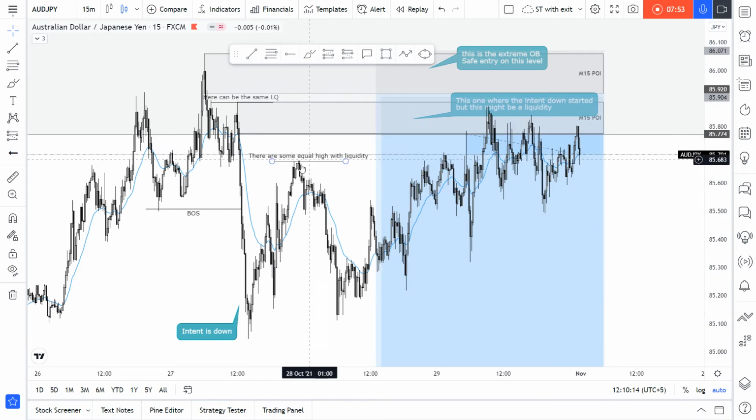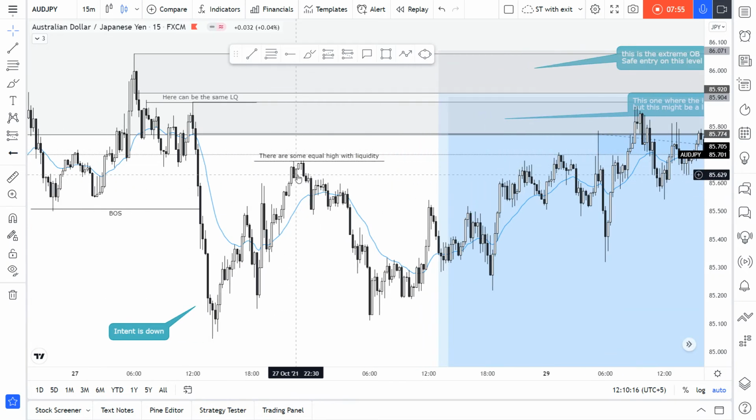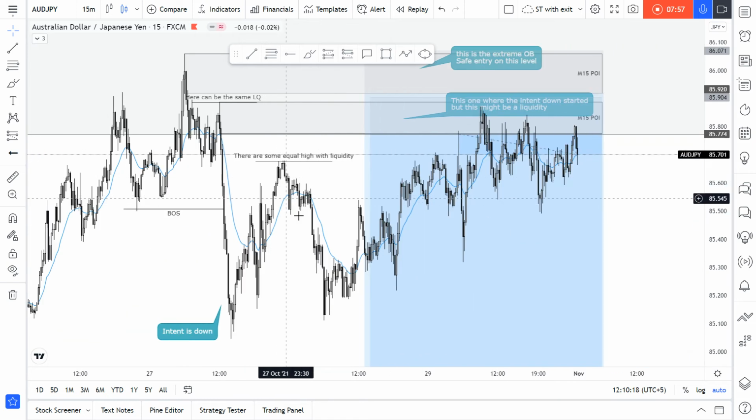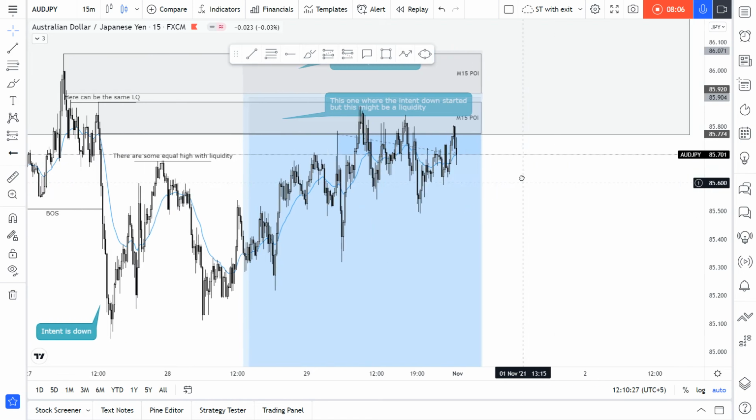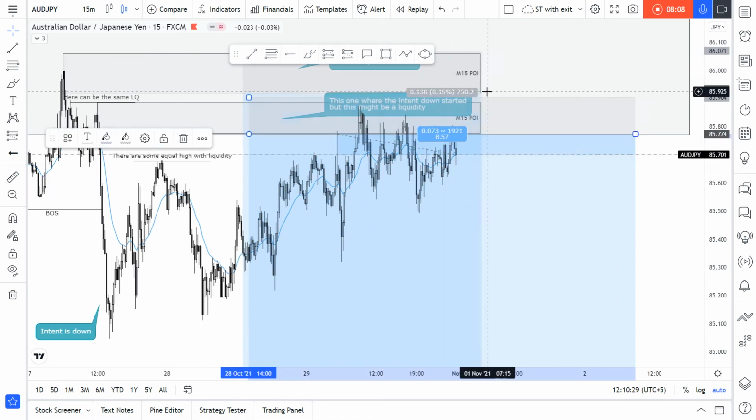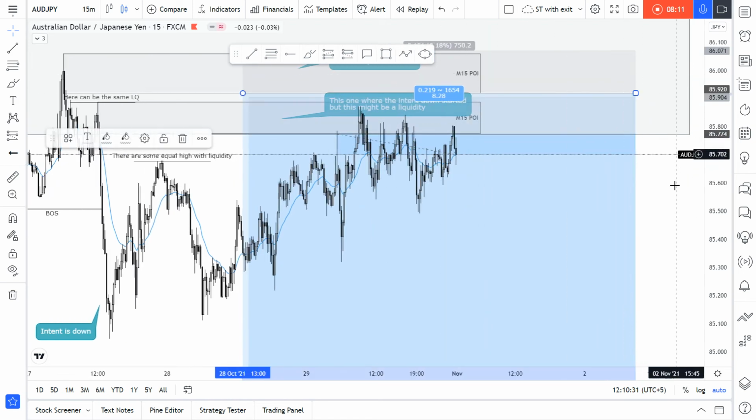We got some equal highs over here, got some liquidity, and then we got some equal highs as well here. That might be liquidity for the next week, but I did two calls.